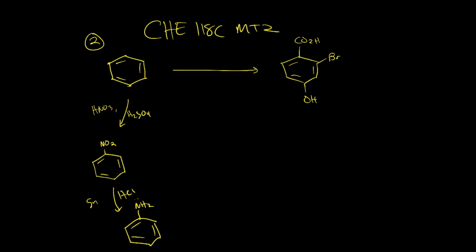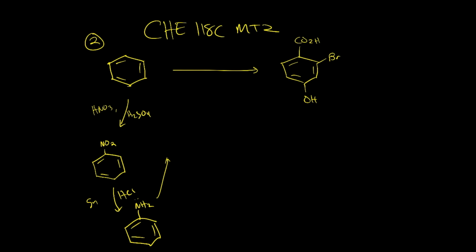Well, if I actually protect this NH2 group, I can make it pretty bulky and add something specifically para, and then eventually take off my protecting group, and then perhaps I'll be able to add just ortho to that. So let's go ahead and see what happens if I block this group and make it very bulky.